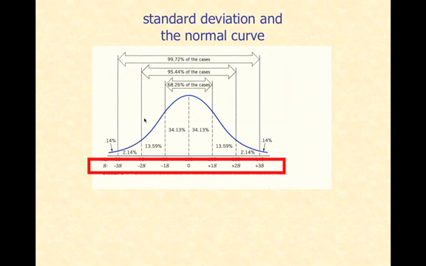Is it likely that someone, for example, is more than minus 3 standard deviations on this measure? Well, we know that only 14/100ths of 1% are accounted for in this area of the distribution. Similarly, if someone has plus 3 standard deviations, that again is only 14/100ths of 1%.